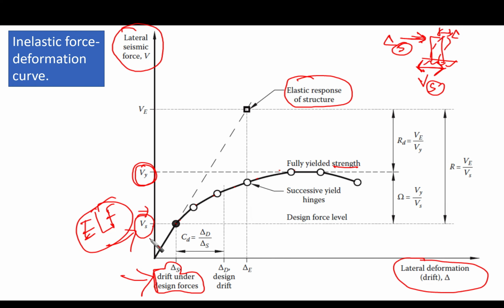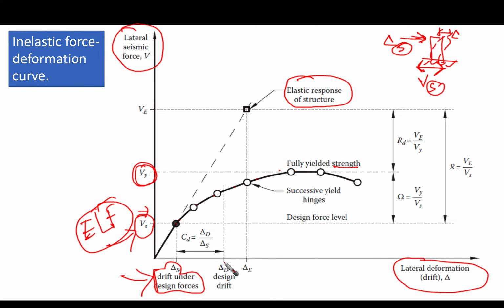Now let's think about the response modification factor. In our design and analysis, we found that the level of base shear gives us delta S, but the actual displacement in the structure is going to be larger. It is going to be here, for example.